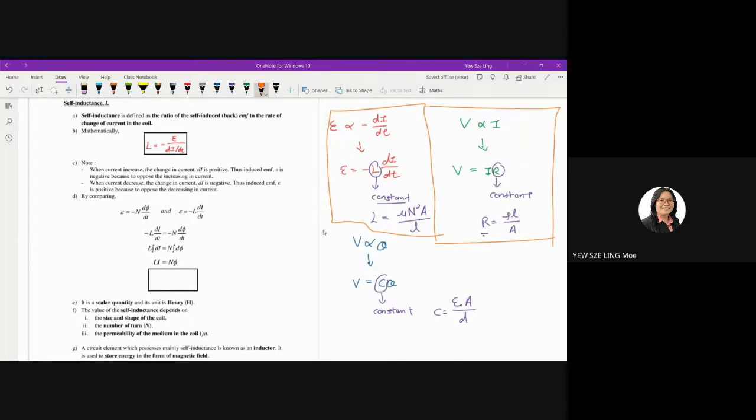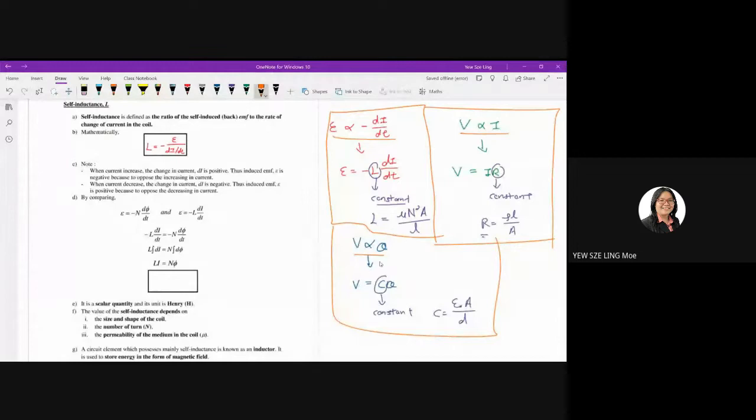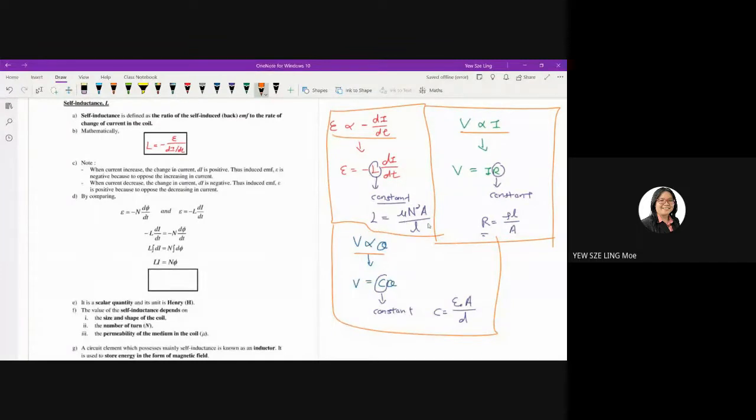The definition is just a ratio. What does ratio mean? It means that if you change this and this, it won't affect our constant value. How are we going to change the value then? We change it by changing its physical structure. It all depends on the physical structure of the component.